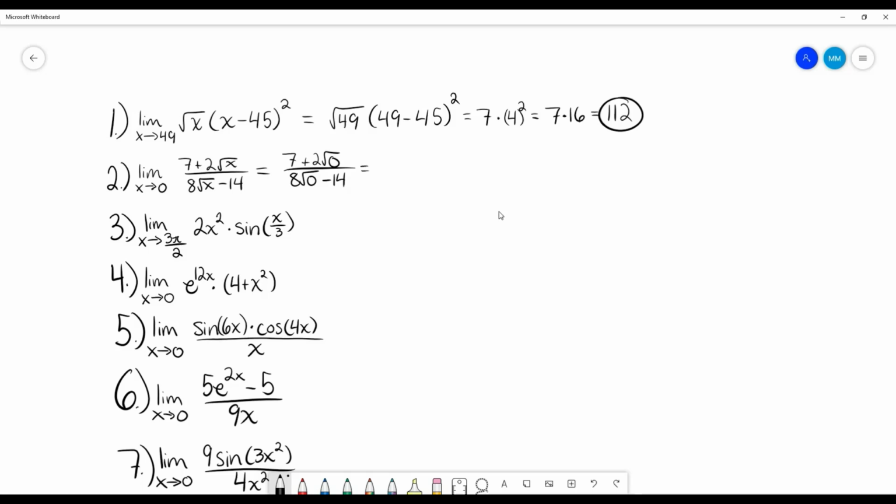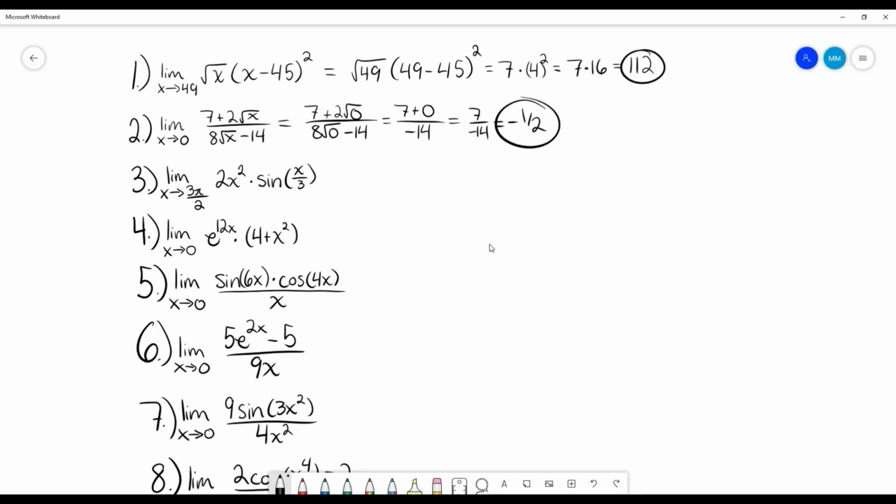So this turns into a 7 plus a 0 because the square root of 0 is 0. So it's a 0 times a 2, which is just 0. It says, again, 0 times an 8, which is just 0, over negative 14, which is just 7 over negative 14, or negative 1/2. Awesome. And luckily, once again, direct substitution worked for us.